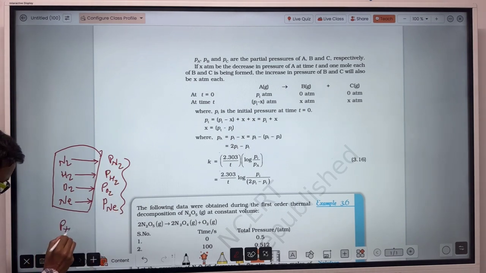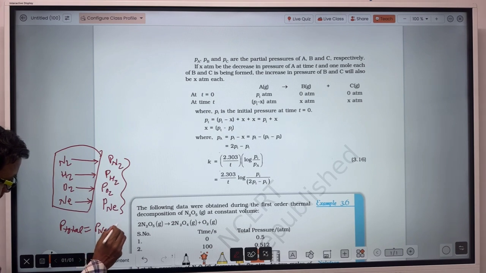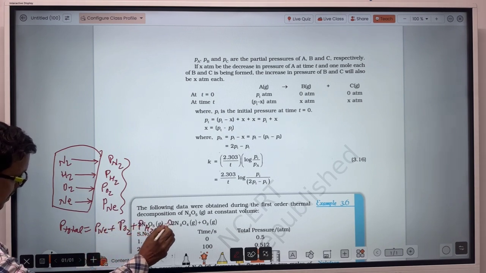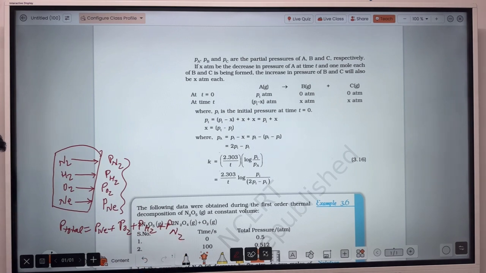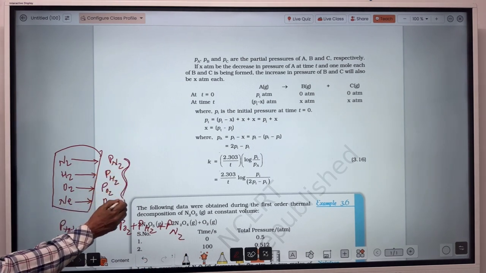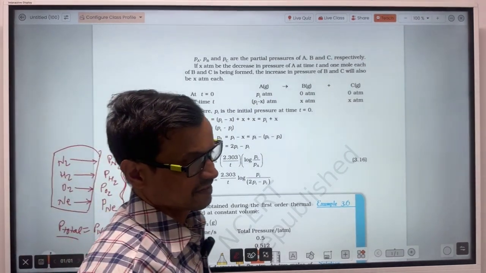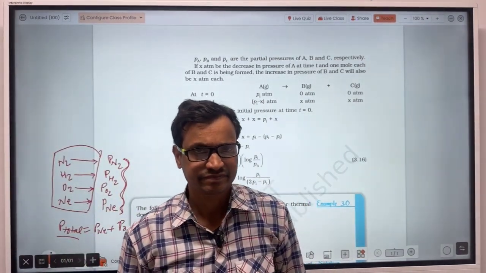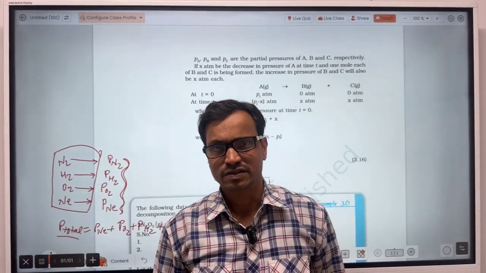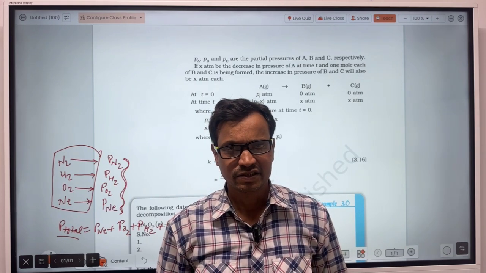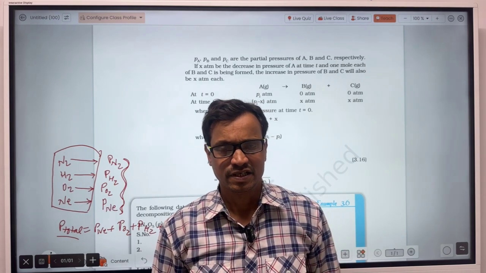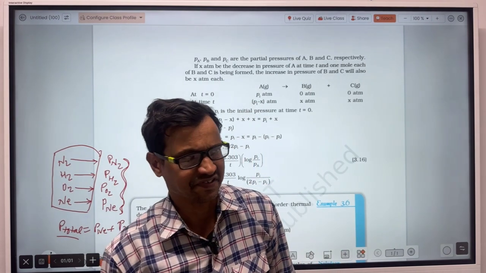So P total will be equal to the partial pressure of neon plus the partial pressure of oxygen plus the partial pressure of hydrogen plus the partial pressure of nitrogen. So P total is the summation of the partial pressures of all the gases present inside that container. So partial pressure is the pressure exerted by the individual gases.